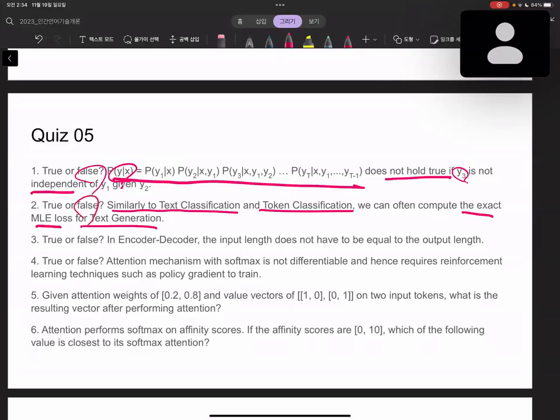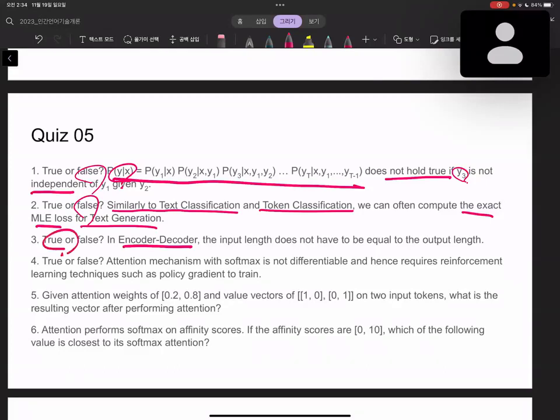Okay, first, text generation cannot be computed using MLE loss if the sequence length is larger than 1. And in the encoder-decoder, the input length does not have to be equal to the output length.